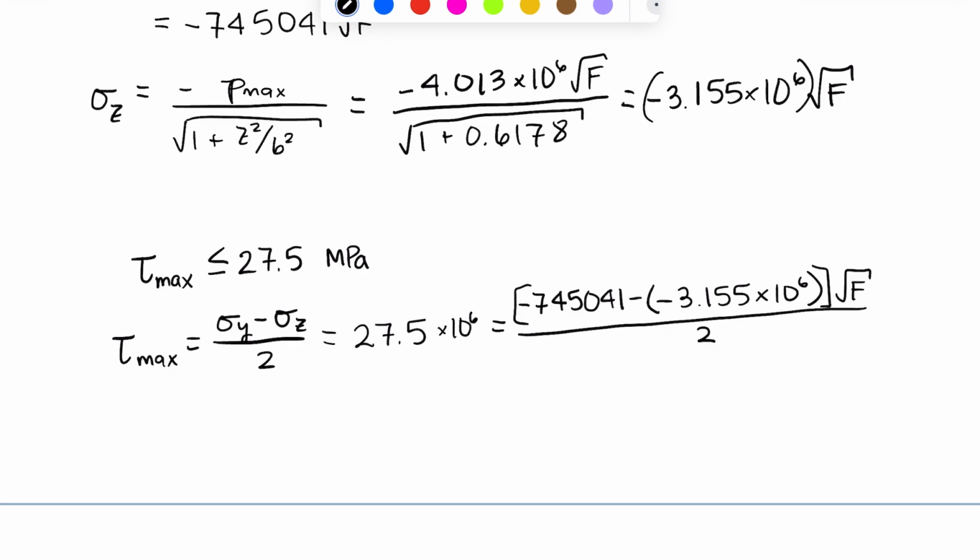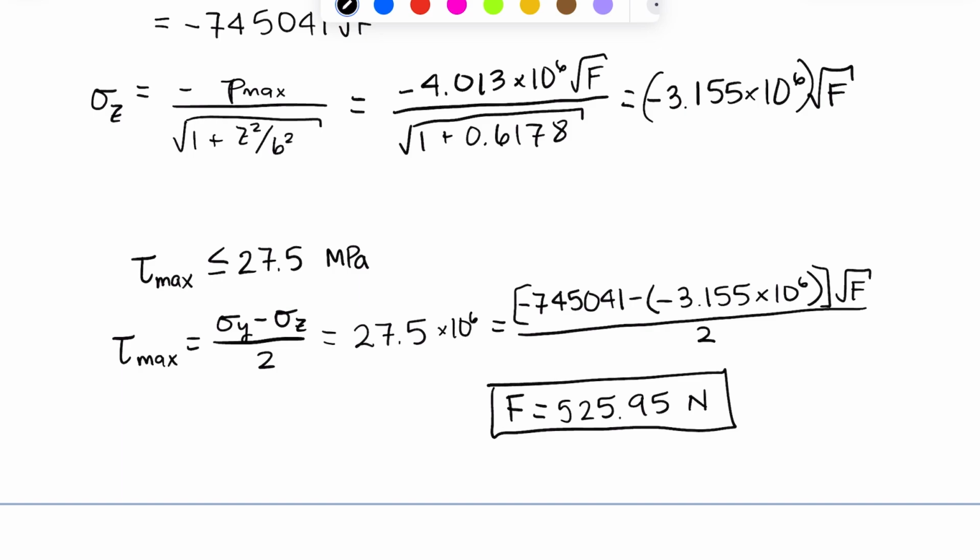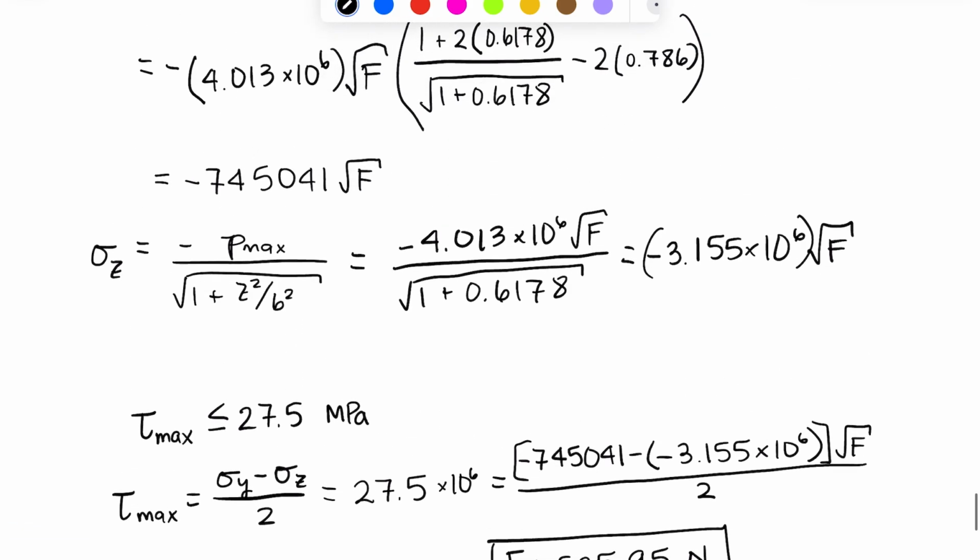If I solve that equation for F, I find that F is equal to 525.95 newtons. And so that is the maximum contact force that could be applied between the roller and the ring without exceeding 27.5 megapascals for the maximum shear stress in this problem.